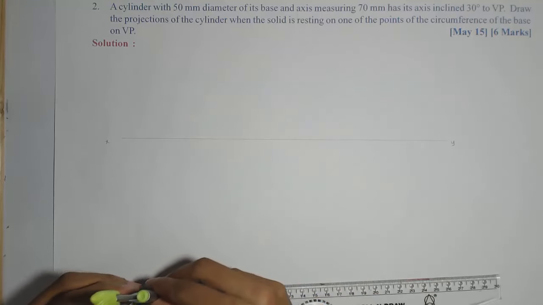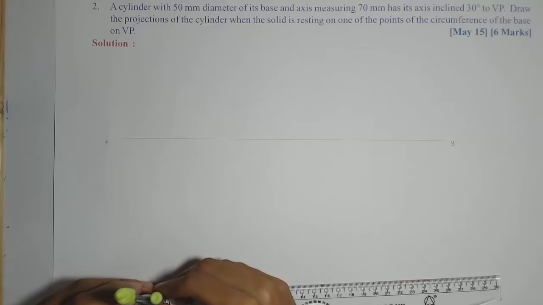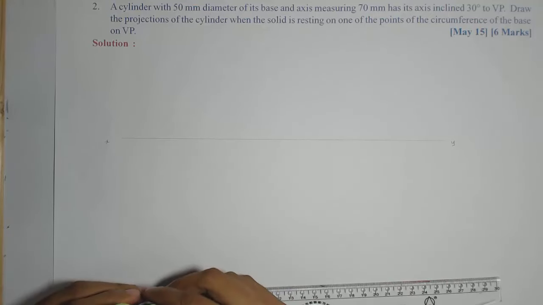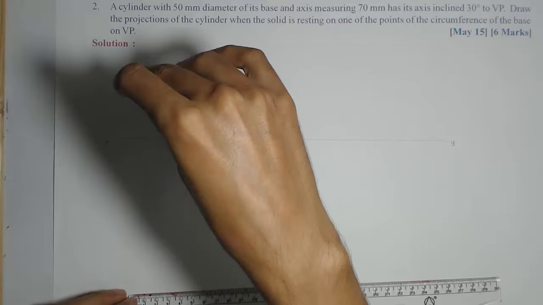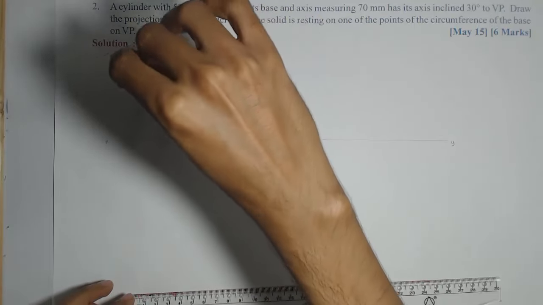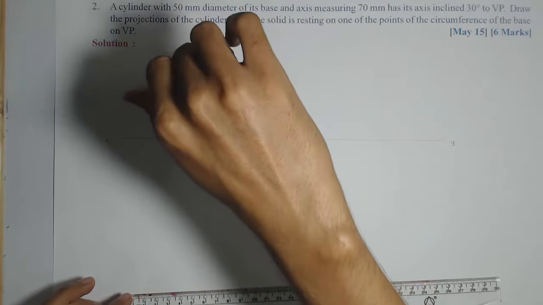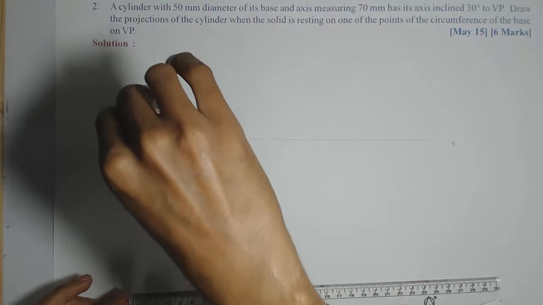So we'll take the radius as 25. And we should leave some space above XY. And that circle should be made dark.